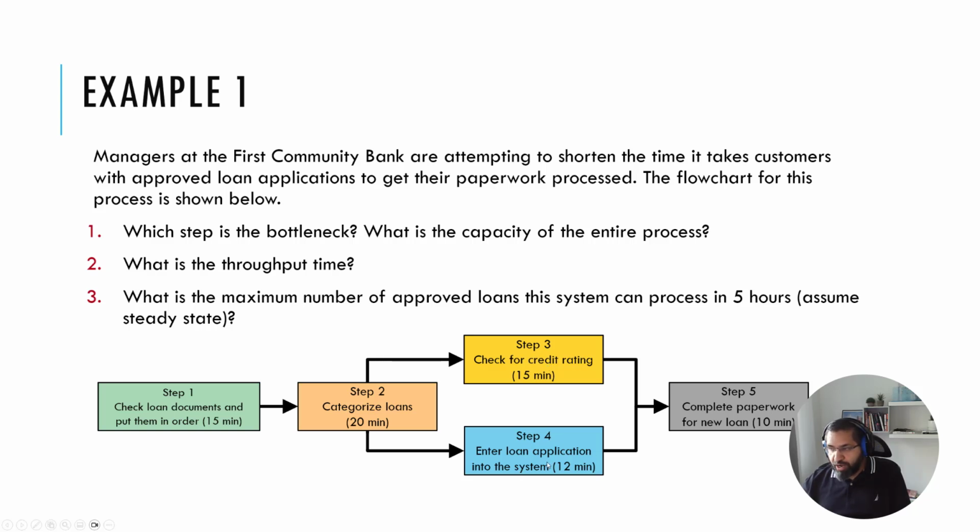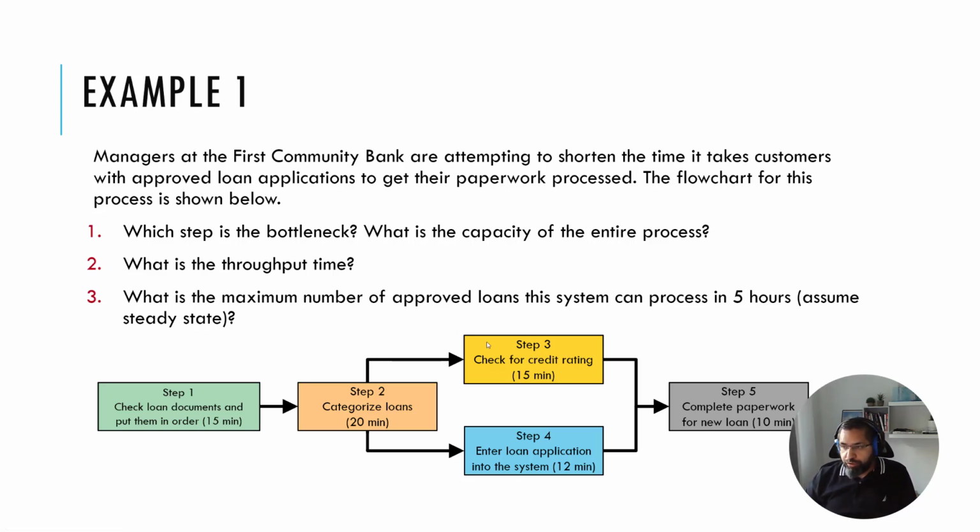Step 4 would be 5. Step 5 would be 6 units per hour. So we see step 2 does have the lowest capacity of 3 units per hour. So step 2 is the bottleneck, and then the capacity of the entire process is the capacity of the bottleneck. So that will be 3 loan applications per hour. That'll be the answer to question 1.